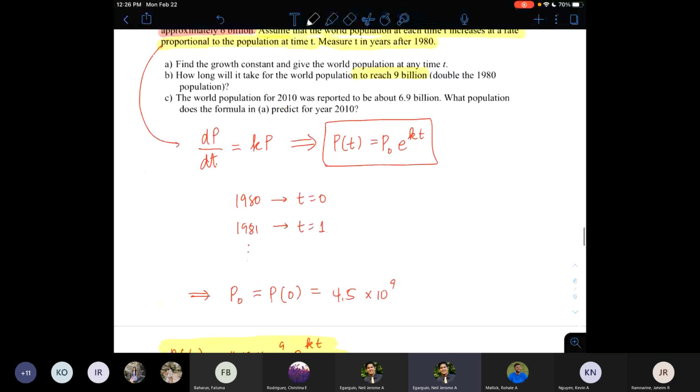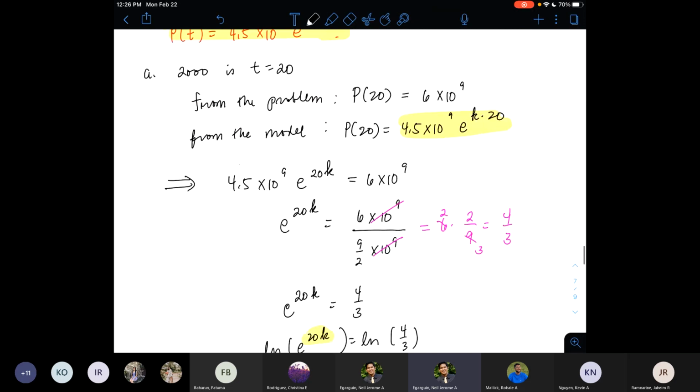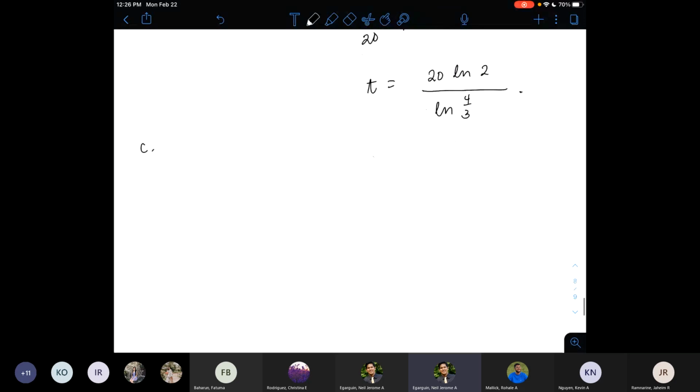Problem C: the world population for 2010 was reported to be 6.9 billion. What population does the formula in A predict for the year 2010? And how close is it to the reported population for 2010? Now, how do we find the population for 2010?